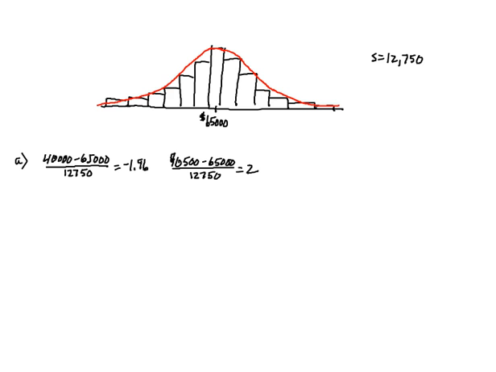So I'm going to go ahead and try to mark those. 1 standard deviation, 2 standard deviations, 3 standard deviations to the right, and 1, 2, 3 to the left. And the 40,000 is approximately 2 to the left, and the 90,500 is actually 2 standard deviations to the right.